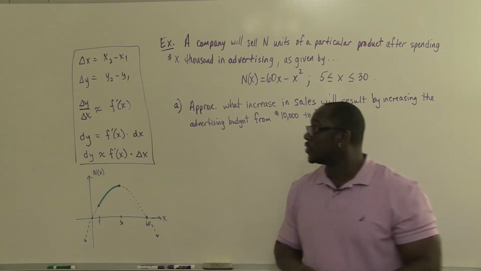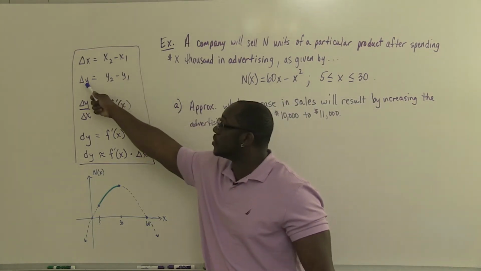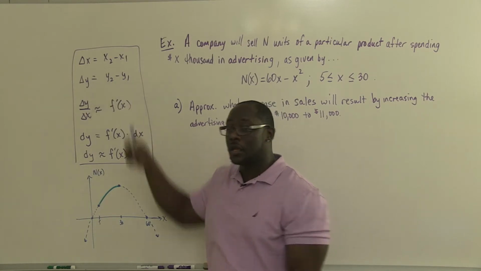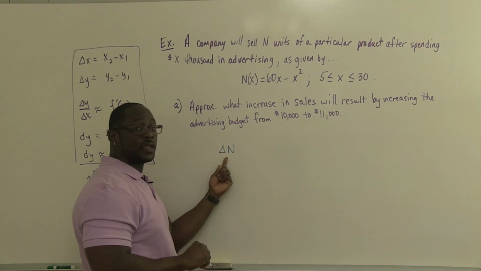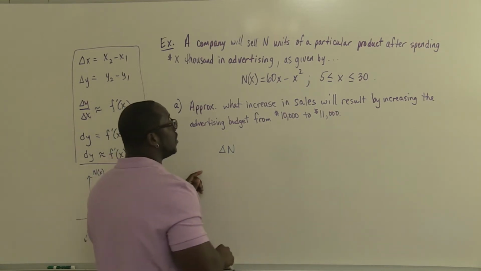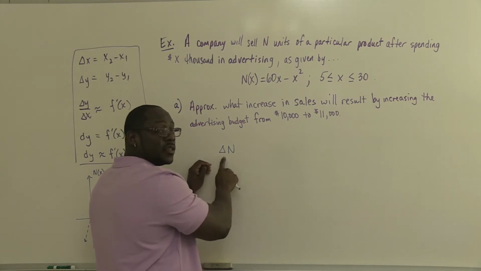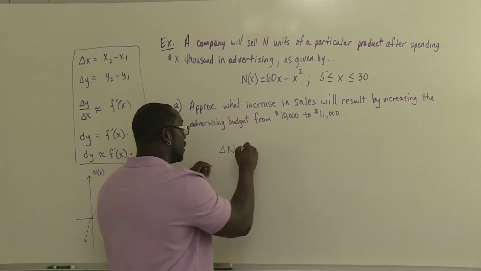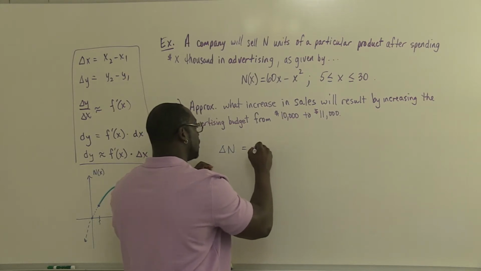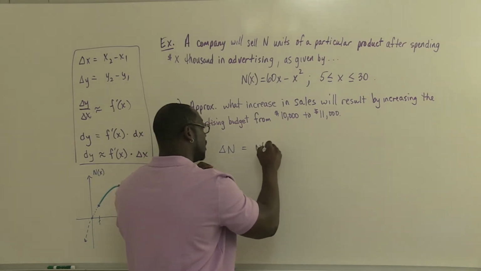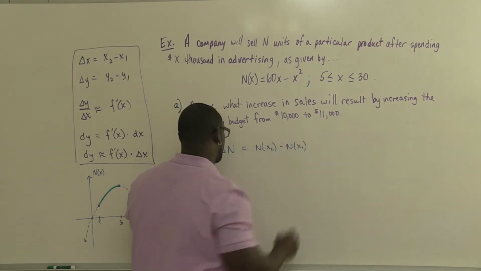Okay, so here what that's actually describing is this, the change in Y, or if I put it in the context of this problem, the change in N. What is going to be the increase in sales, or the difference in between this number? Okay, so we have, let's say, N of x2 minus N of x1.